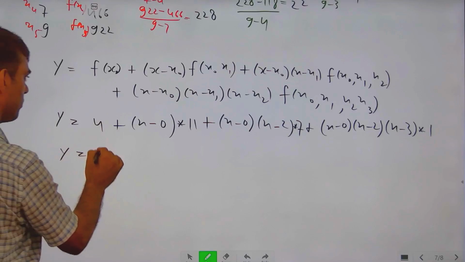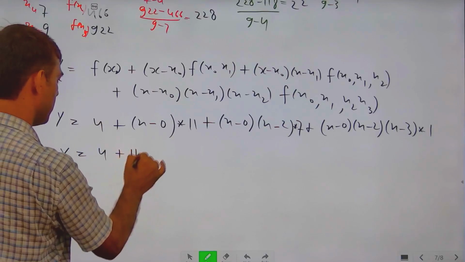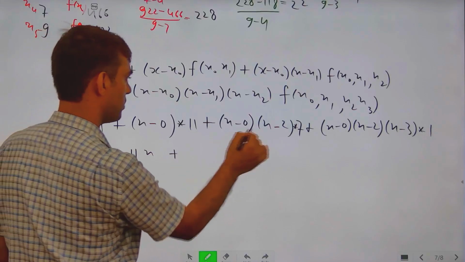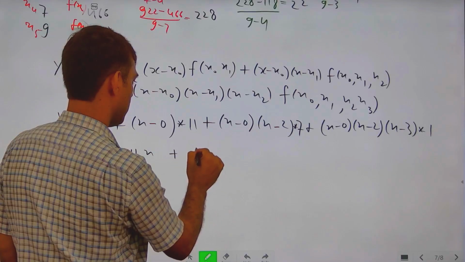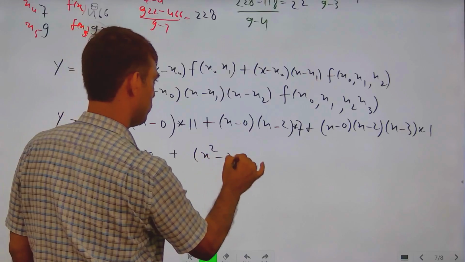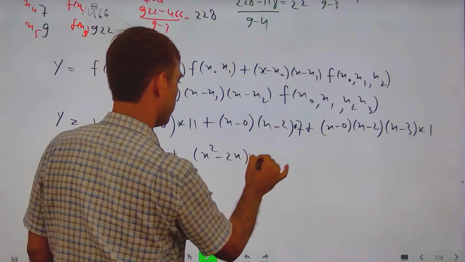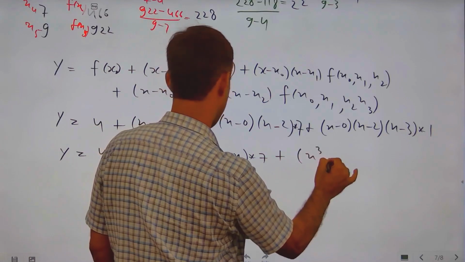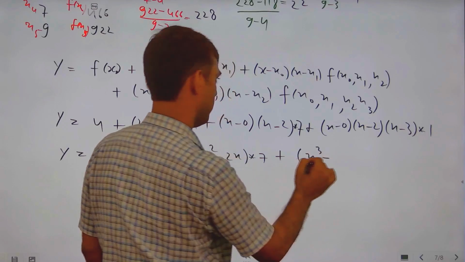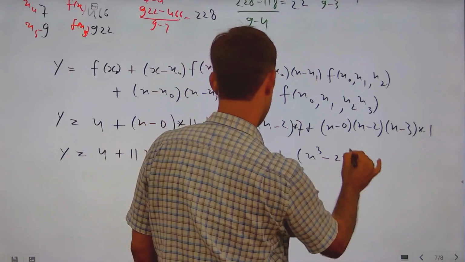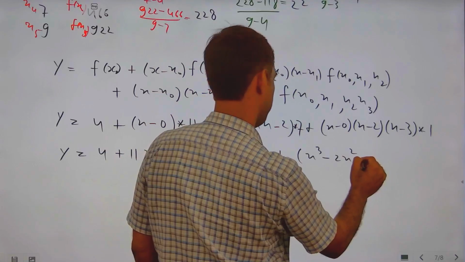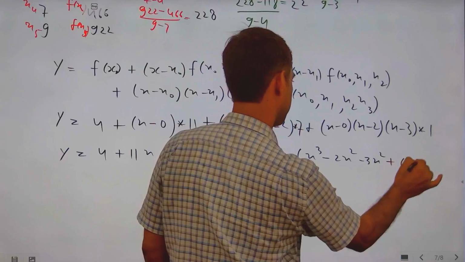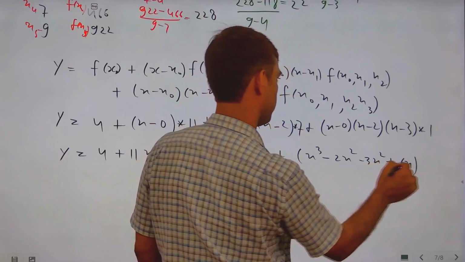After simplification of this result, what we get: y equals 4 plus 11x plus x square minus 2x into 7, plus x cube minus 2x square minus 3x square plus 6x into 1.